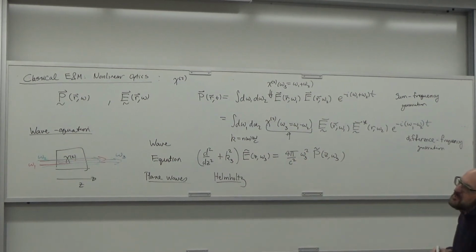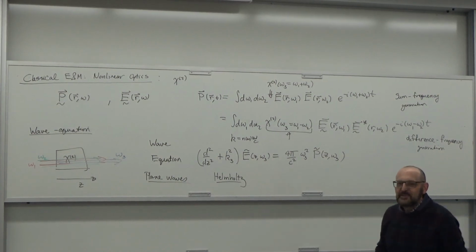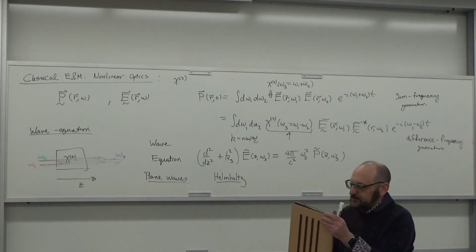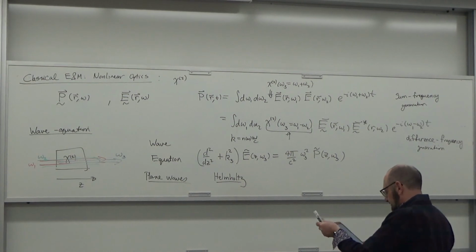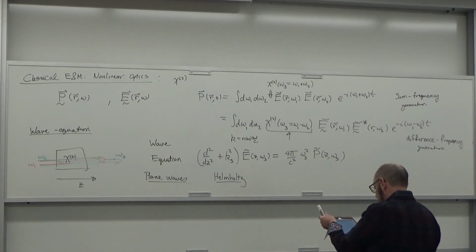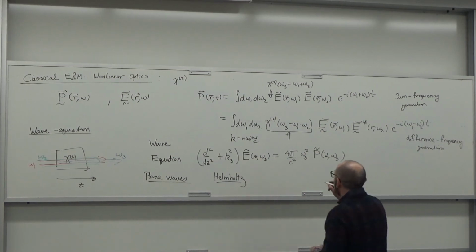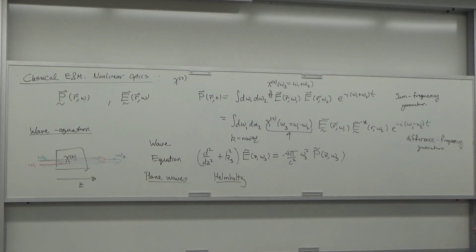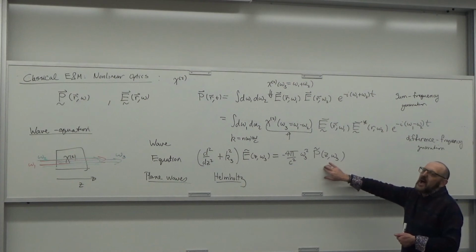Now there might be a 1 over epsilon naught if you're so inclined, but I'm not so inclined. Let me just make sure I got one thing right. Oh yeah, that's right, it should have a minus sign. So that's just the wave equation with the source. You can go back and check it yourself.